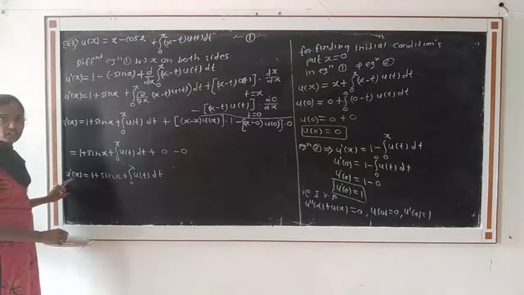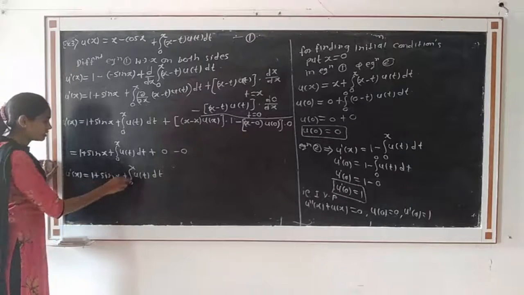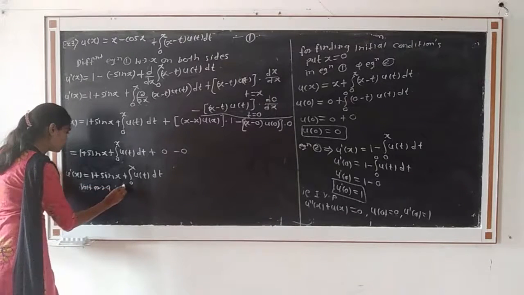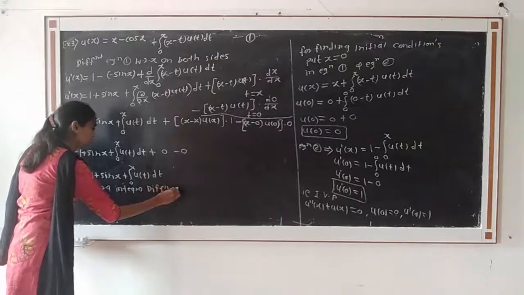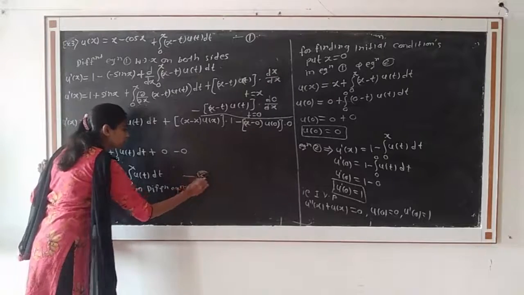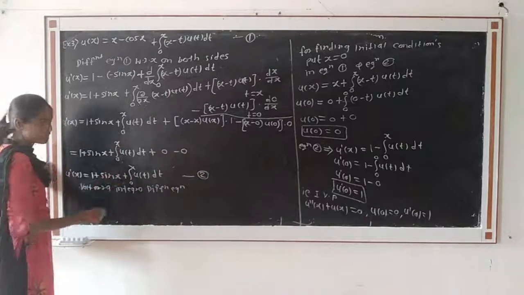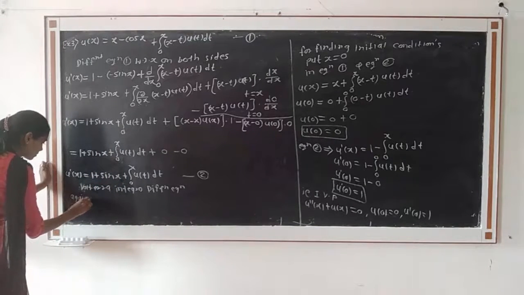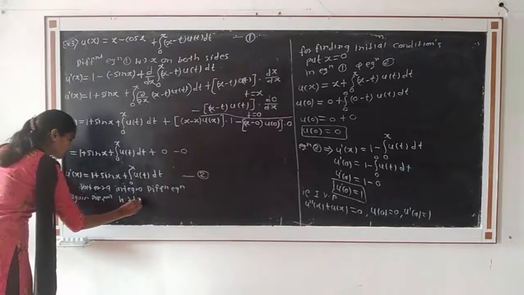Here, if we differentiate the given Volterra equation with respect to x one time, then we get a Volterra integro-differential equation. Take it as equation number 2. Then for removing this integral sign, that is, to convert it into an ODE, again differentiate with respect to x.